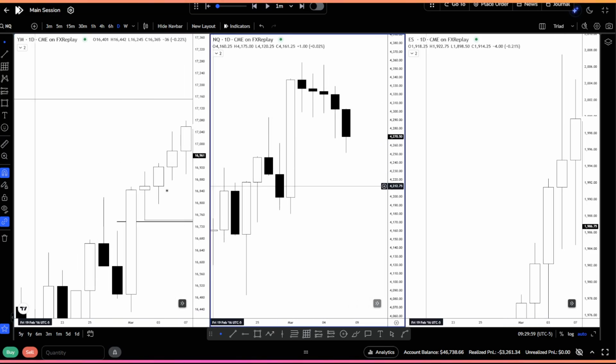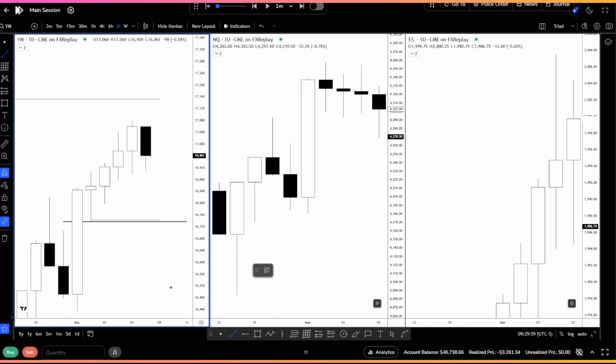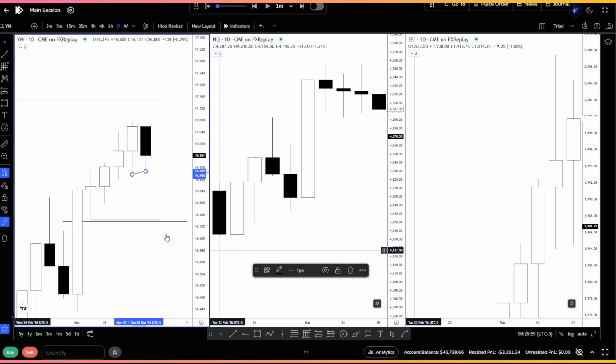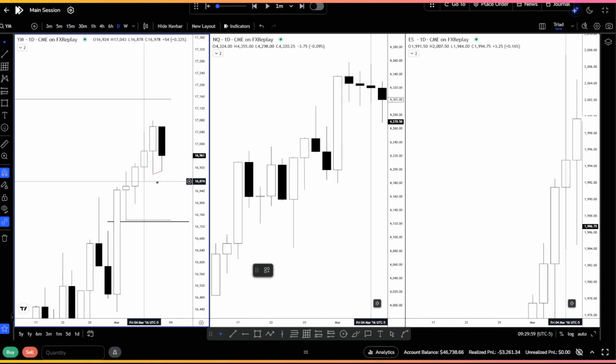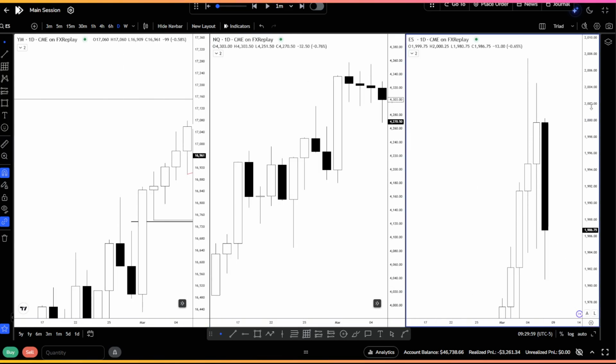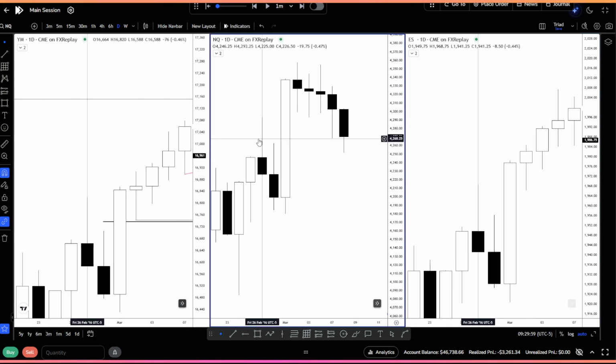We do have SMT with the previous day's low, but I guess we will be breaking that SMT to go to the upside. That's what I feel.